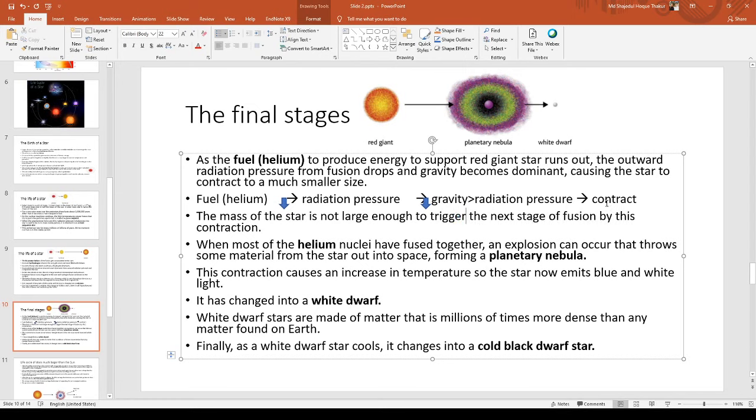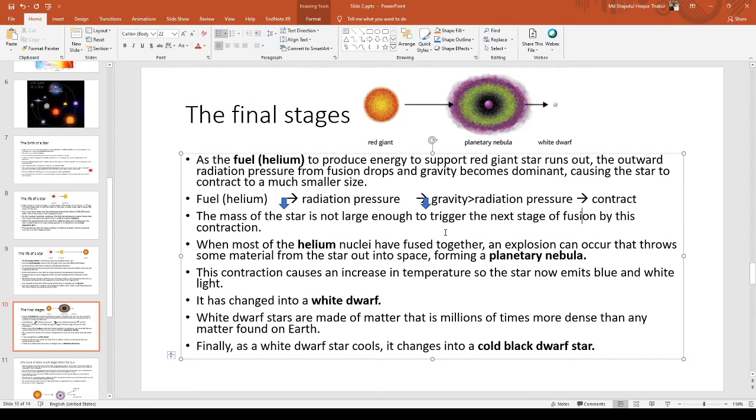So this contraction, it does contract, but it is not enough to trigger the next stage of fusion. And if fusion is over, if the star cannot fuse its nuclei anymore, then what will happen? Then the star will actually die. This is the point in the life cycle of a star where the star actually starts to die.